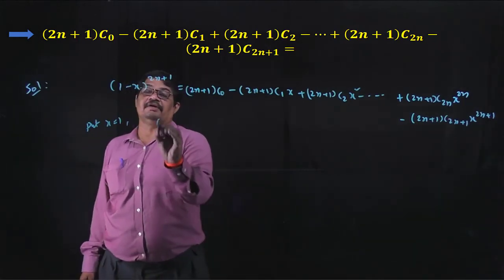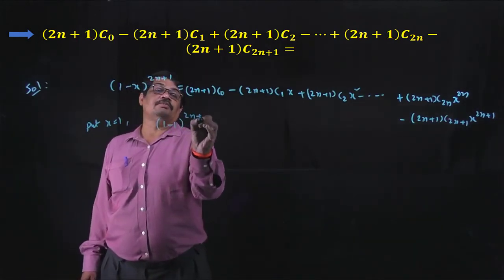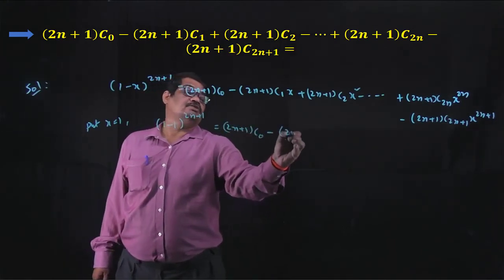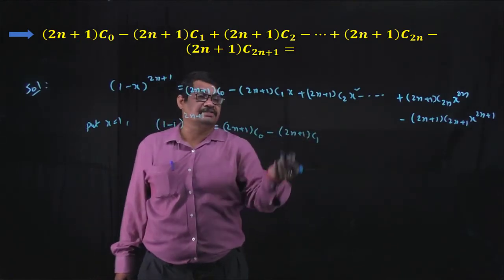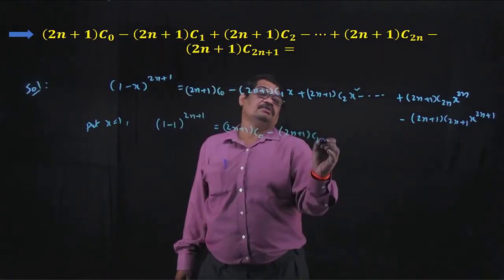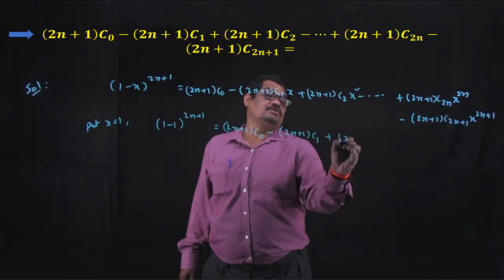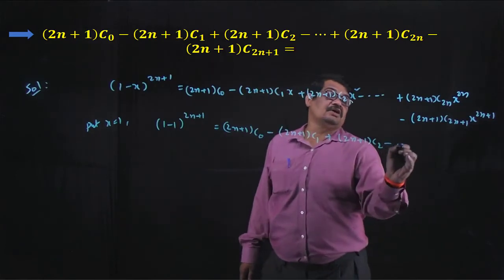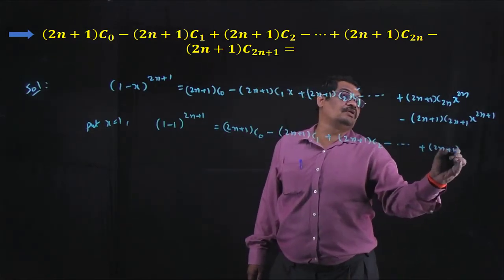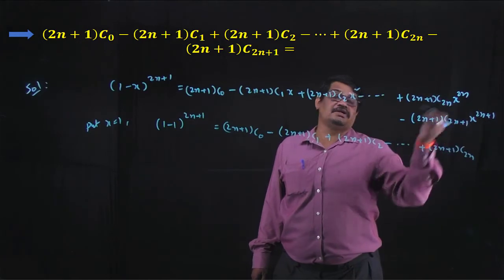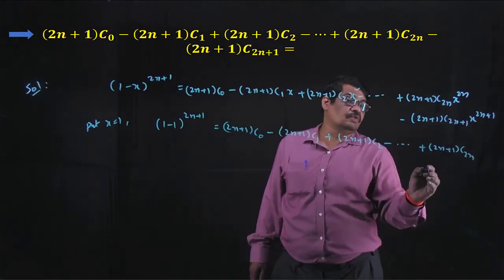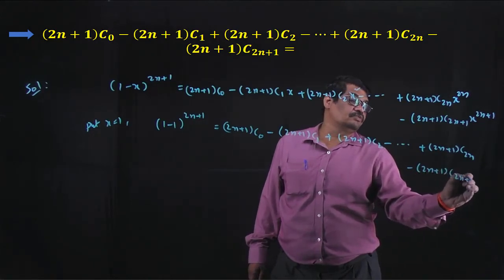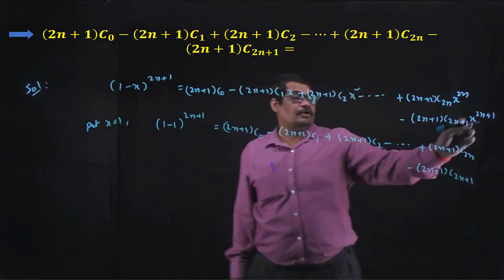Then we get (1 − 1)^(2n+1) = 2n+1 C0 − 2n+1 C1 x, that is 2n+1 C1, + 2n+1 C2 x², that is 1 squared, − and so on, 2n+1 C2n x^2n, that is 1 to the power 2n, − 2n+1 C2n+1. Okay, so here 1 to the power anything is 1.